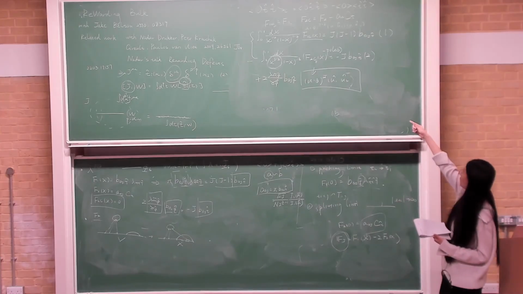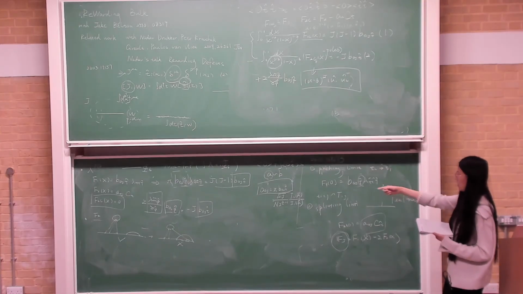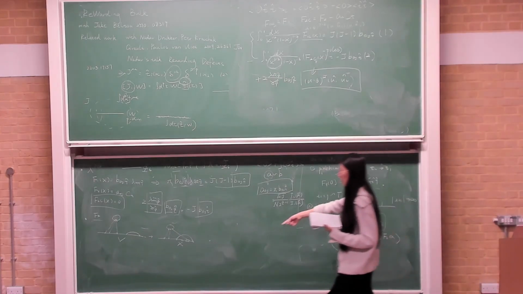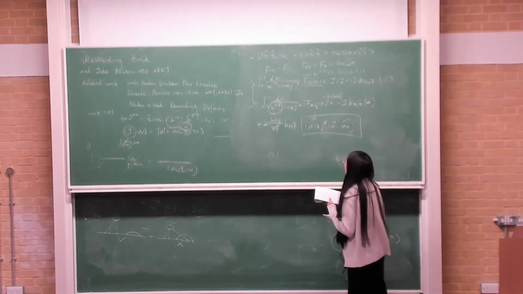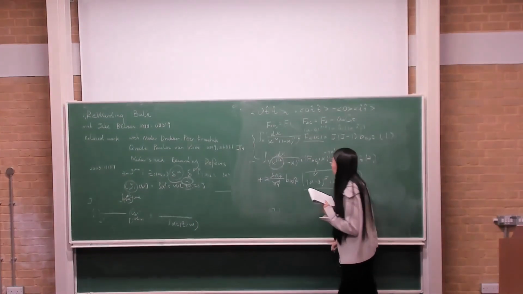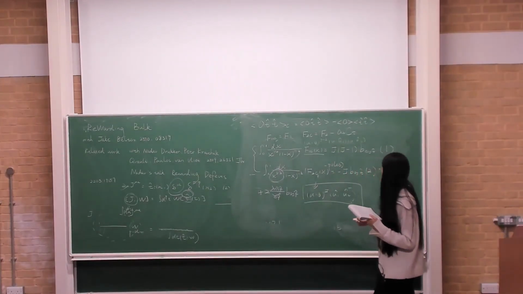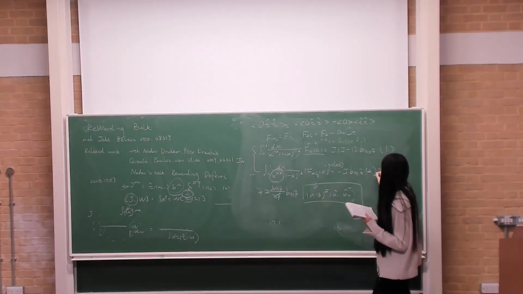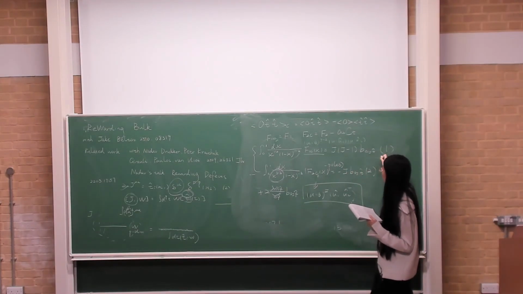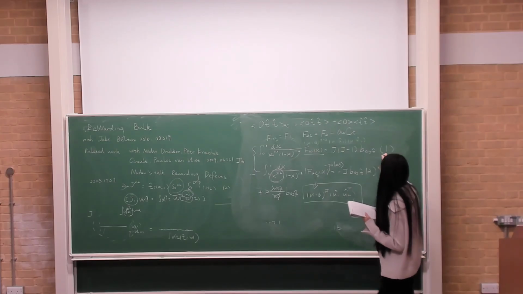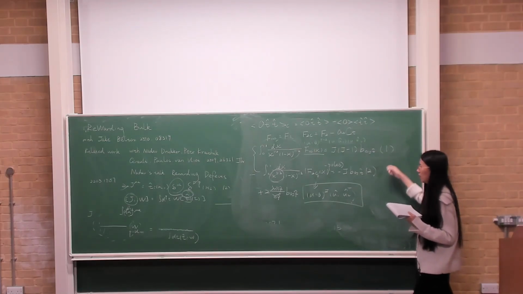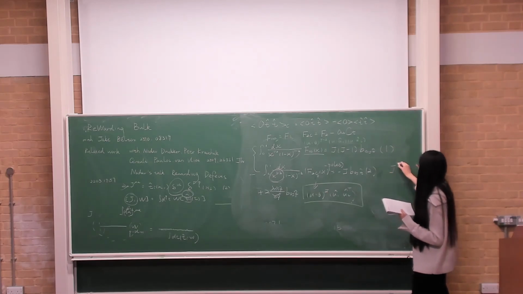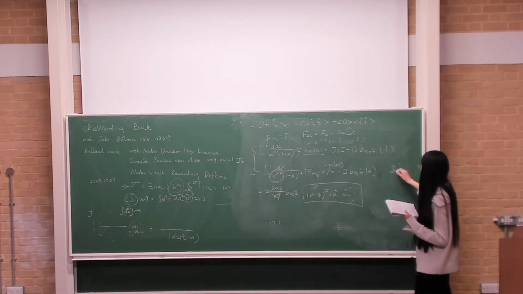And we get F1 and F2. They are all functions of the cross-ratio, and we plug them into these two integrals. It's easy to check that this holds straightforwardly at order lambda.